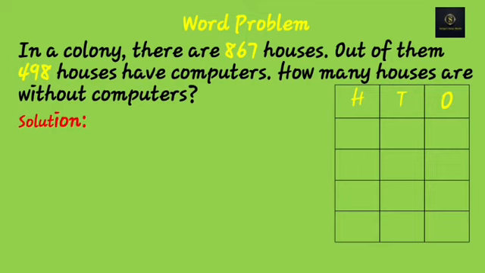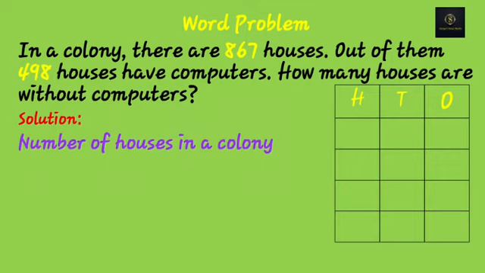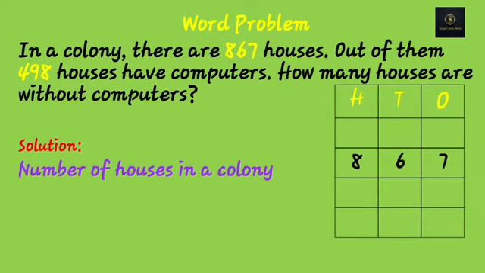So our first statement will be number of houses in a colony. That is 867. So here I place the number 867 in their respective columns. That is 7 in the ones column, 6 in the tens column and 8 in the hundreds column.